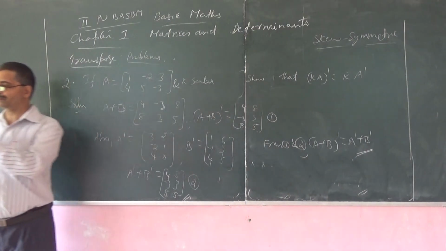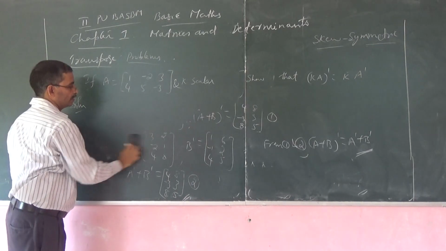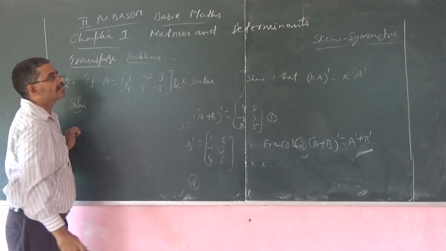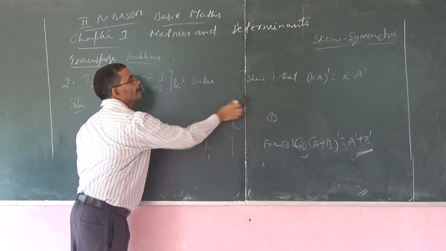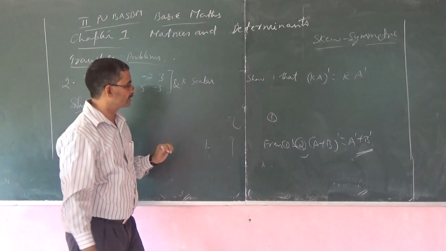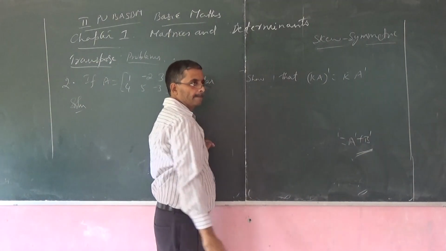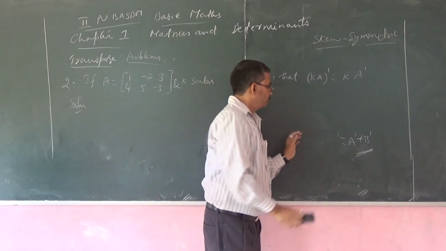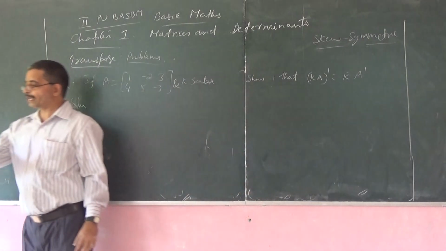So again direct. So solution. Just first do the left hand side, get (Ka) transpose, then prove it equals K into A dash. So to prove they are equal, first calculate Ka.